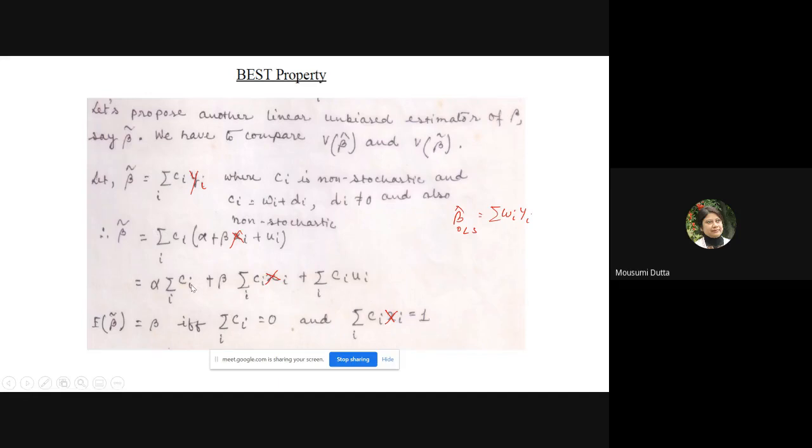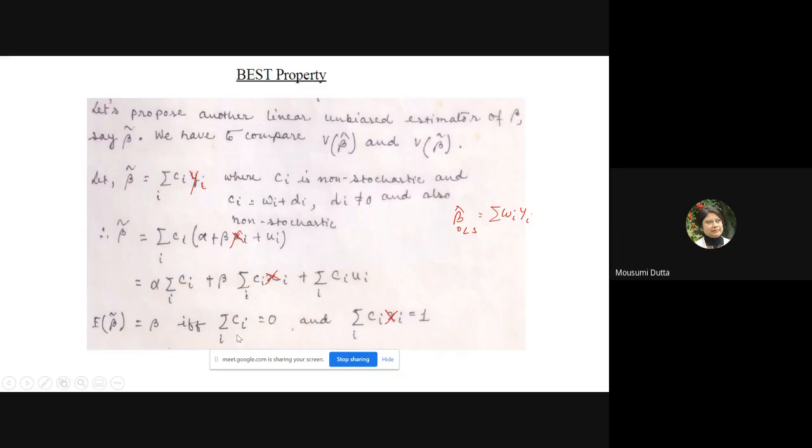If summation CI is equal to 0, the first term will vanish. If summation CI XI is equal to 1, it will be beta. So if you take the expectation of beta tilde, expectation of beta is beta since beta is a constant, plus summation CI times expectation of UI, which is equal to 0 by the first assumption. So finally, we will get expectation of beta tilde equal to beta.